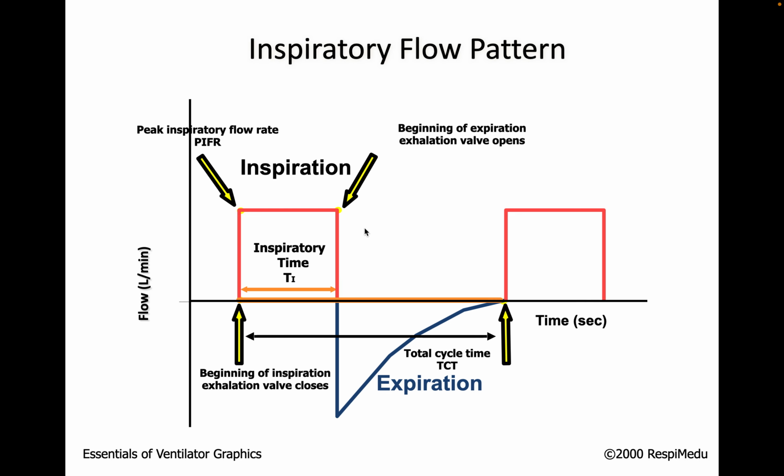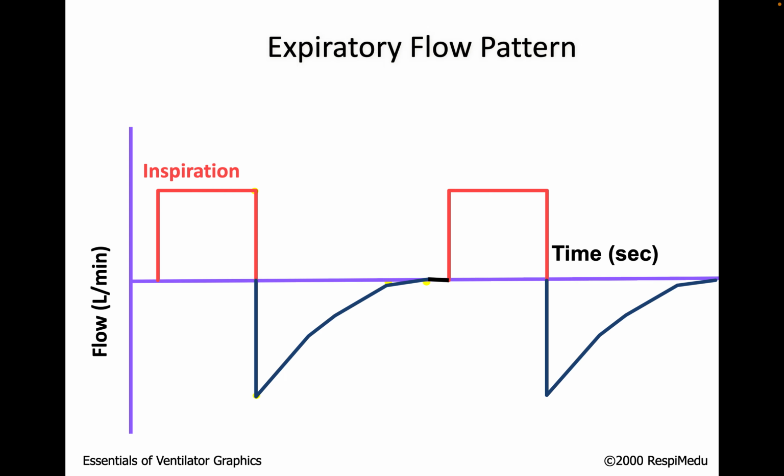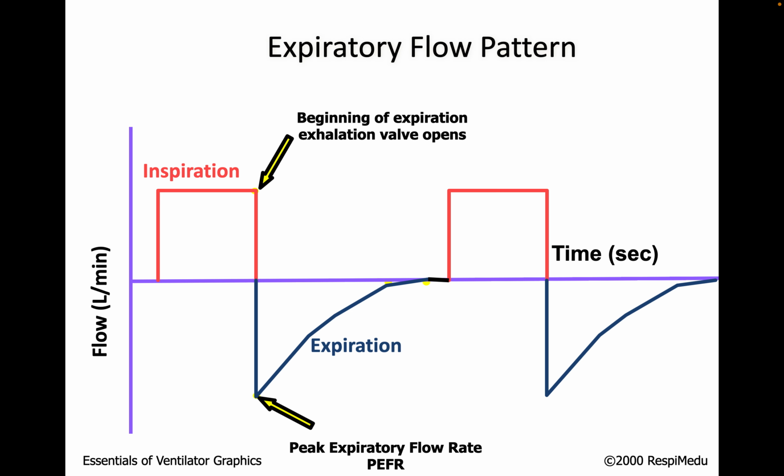This is the beginning of the expiration, the expiration valve opening and the starting of expiration. And of course this is the total expiratory time. As you can see, it will gradually touch the baseline. This is the expiratory flow pattern. As we know, this positive box is inspiration and this is expiration.